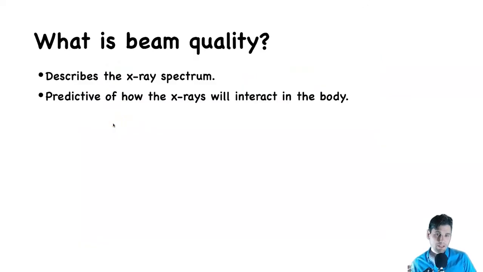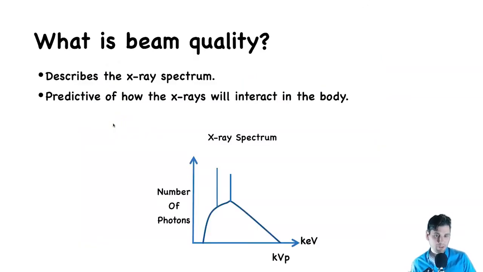So beam quality describes the X-ray spectrum itself. So if we think about the X-ray spectrum, the X-rays coming out of our clinical X-ray tubes, they're not all one energy. That would be called monoenergetic or monochromatic, but they're a variety of energies.